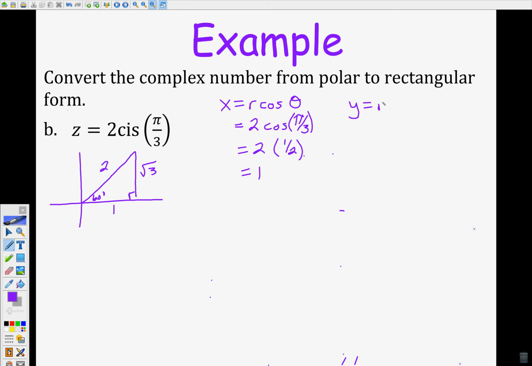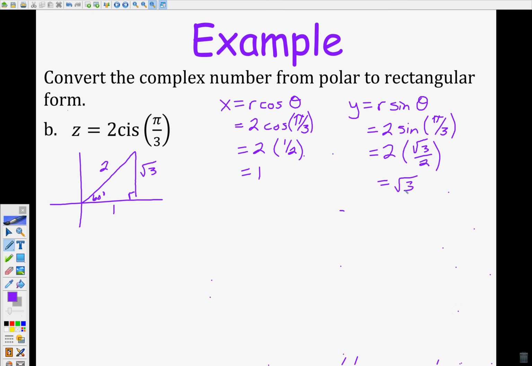And y is equal to r sine theta, or in this case, 2 sine of pi over 3. And sine of pi over 3 is opposite over hypotenuse, so that would be square root 3 over 2, so 2 times that simplifies to the square root of 3.